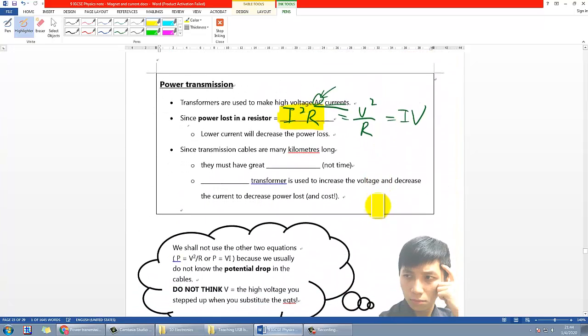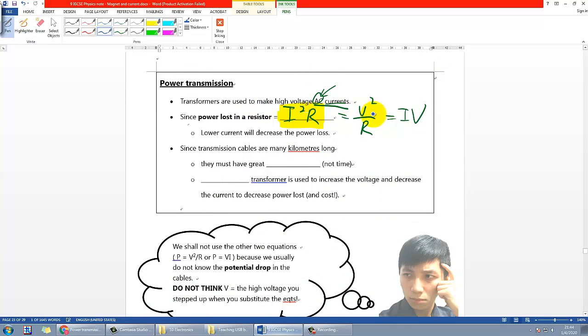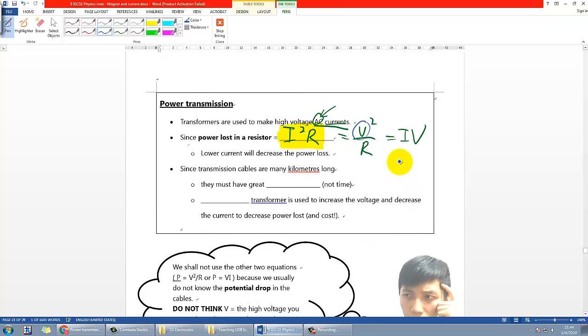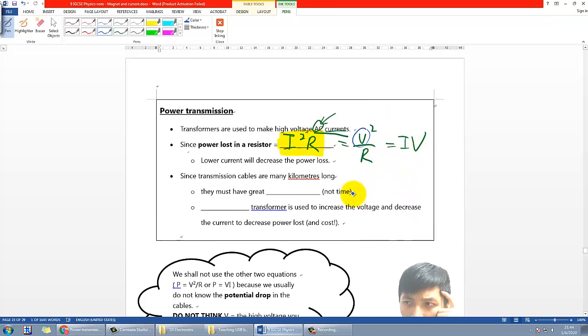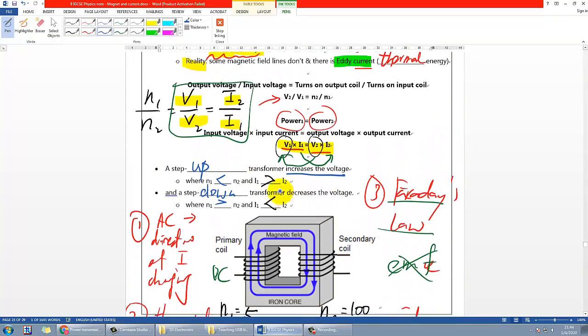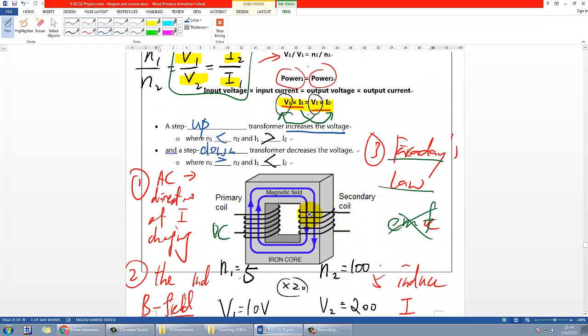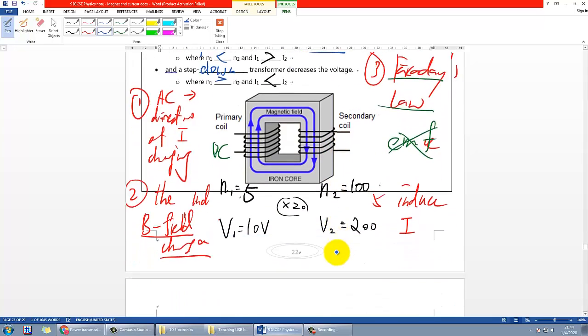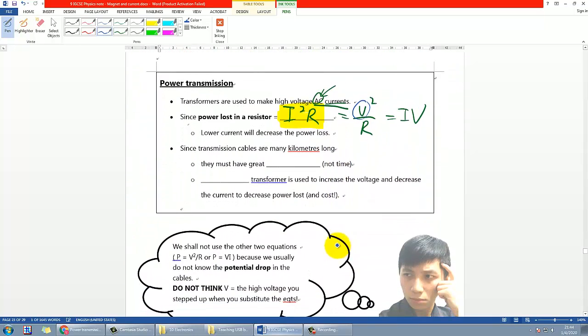But the main idea is that you actually don't know the voltage drop. Whenever we talk about V here, it is the potential difference. Whenever we talk about the step up voltage, it is talking about the whole secondary coil voltage. So it's a little bit different concept. I'll explain further in the next video.